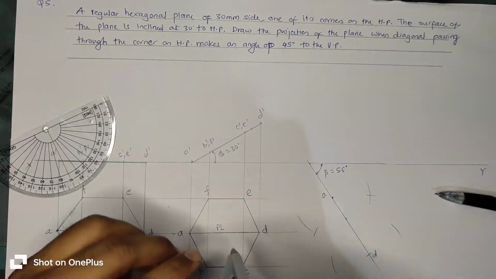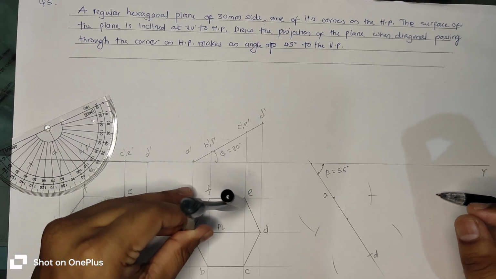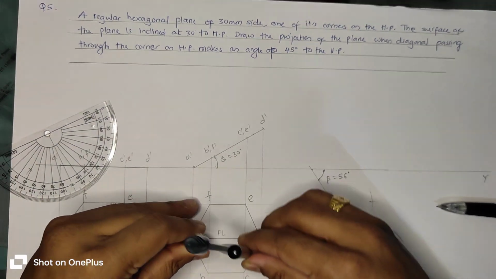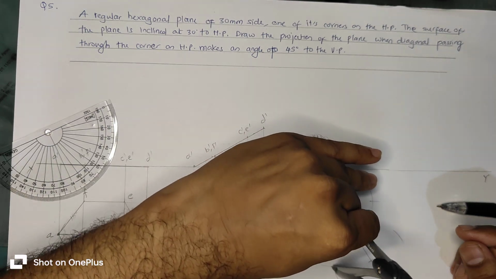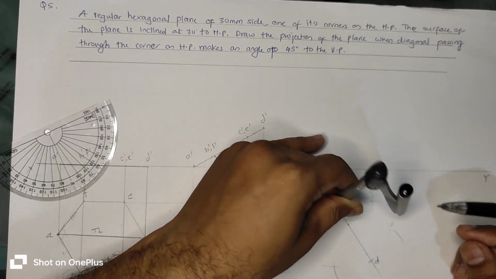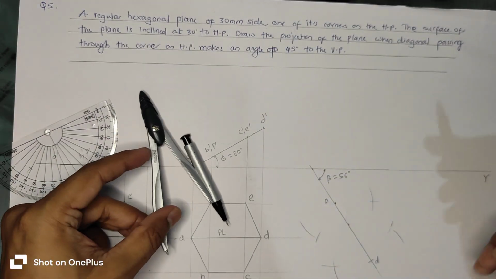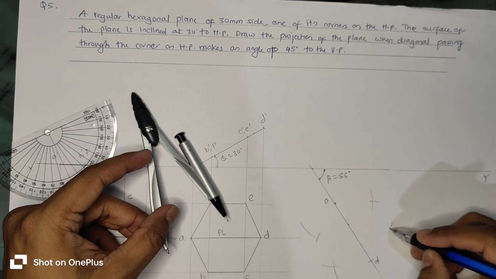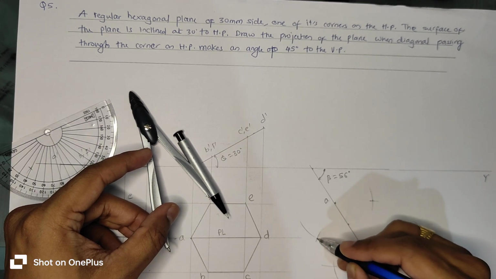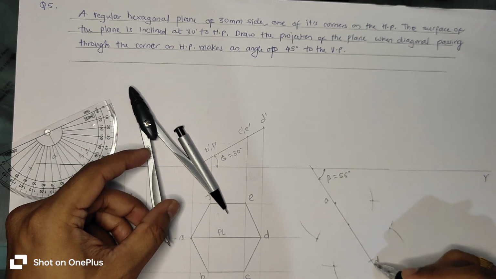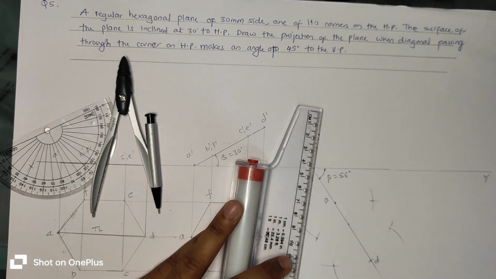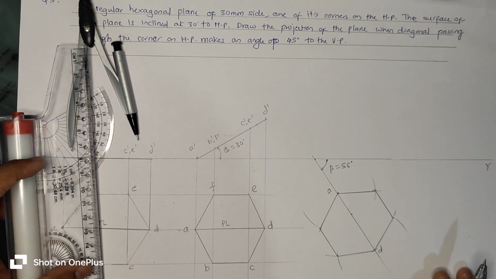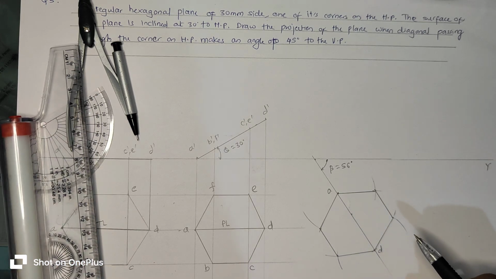Also the A to E distance and A to C distance is the same, so take and draw this. So we will get these points. Now join these points and we will get this hexagon here.